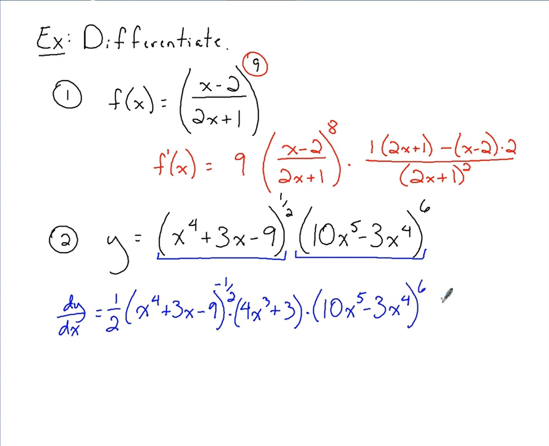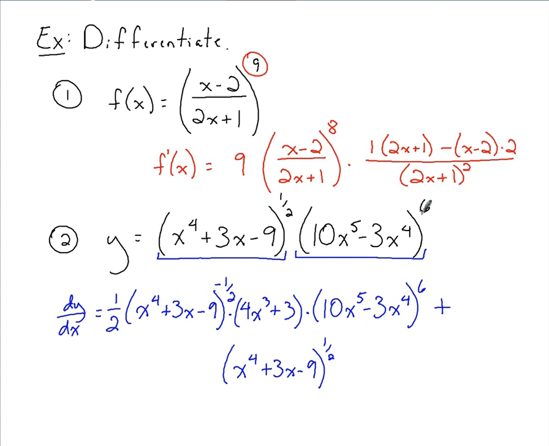And then the product rule continues by adding on this first part unchanged. But now we have to multiply the derivative of the second part. Once we do that, we've concluded that product rule, right?